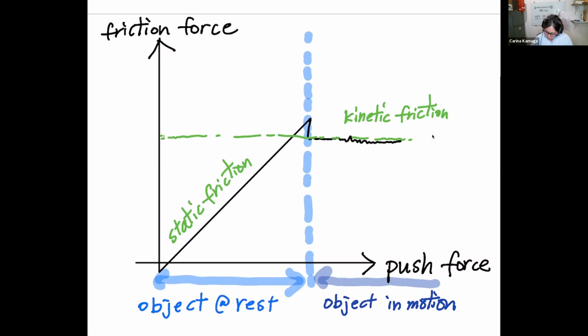Another thing that I drew here that I haven't mentioned yet is this drop. Immediately before it starts sliding, you push harder and harder, and then the friction force drops just a little bit, and then you have a kinetic friction, typically.